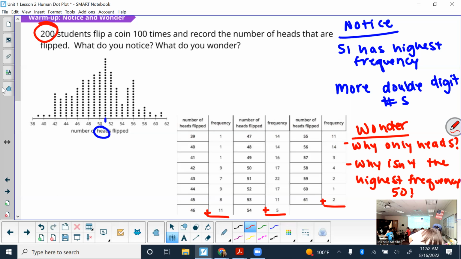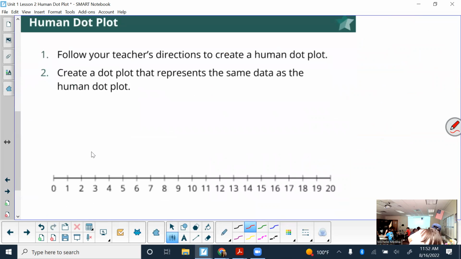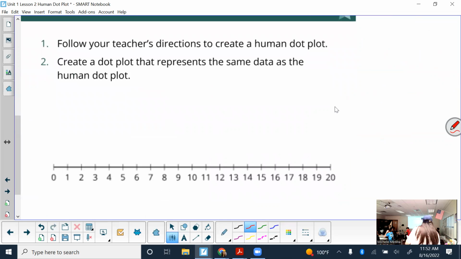All right then. What we will do, and we might modify this because I don't know if you want to stand in the hallway and make a human dot plot. I think out of the 3 representations we've learned so far, dot plots might be the easiest. We are going to create a dot plot that represents some data.